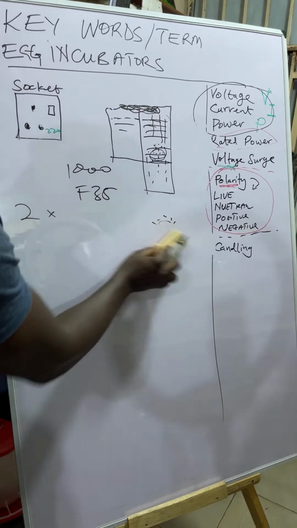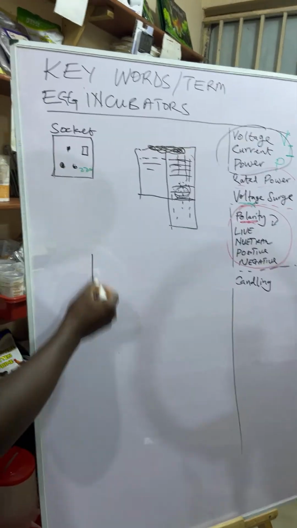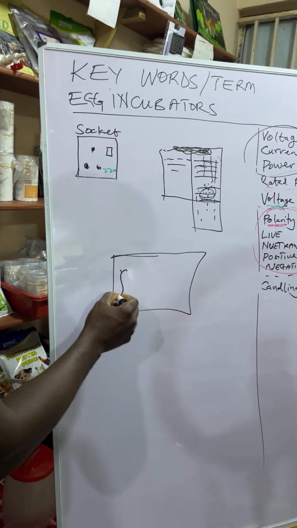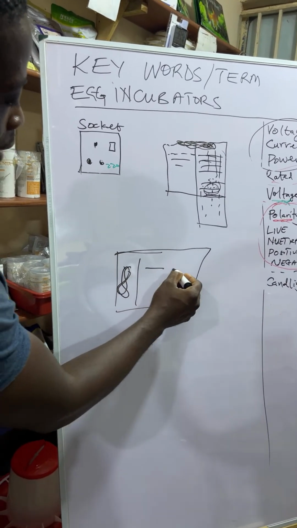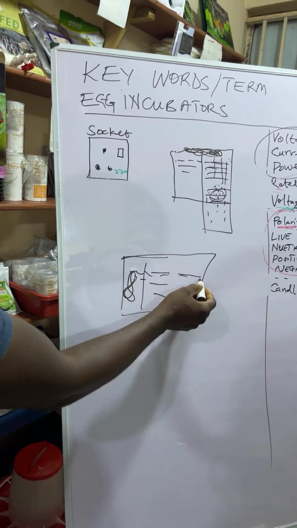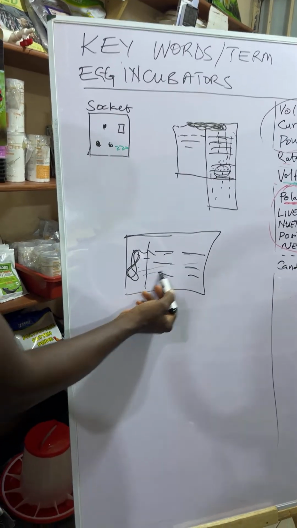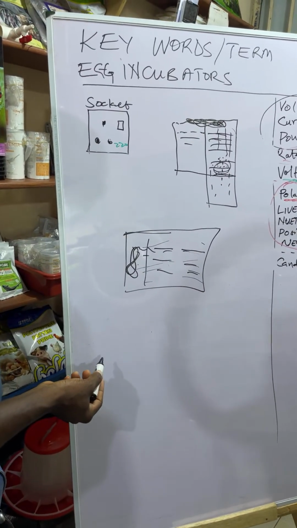So with the best position, some people also go with this. They put the fan here so that the trays are here. So any position that you can do so that the circulating air can reach every point of the incubator is good.